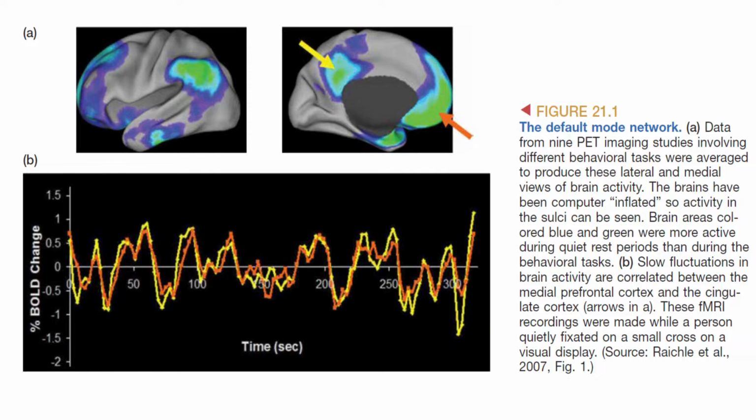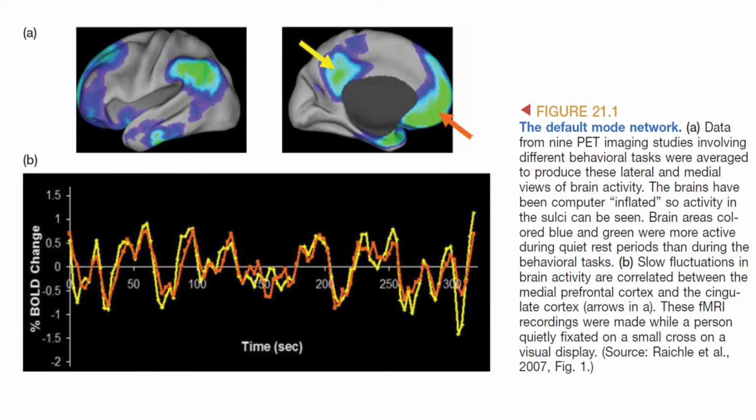And they call this the default mode. They actually define the areas that they usually see in the text, and they mention the medial prefrontal cortex, posterior cingulate cortex, posterior parietal cortex, hippocampus, and lateral temporal cortex. And they call all these areas the default mode network.